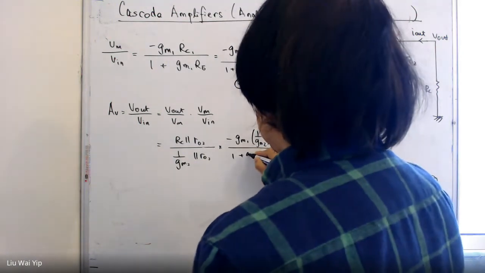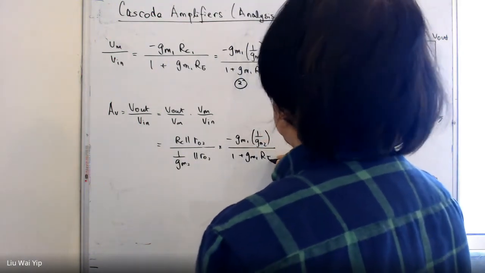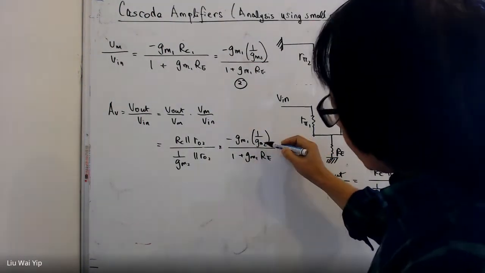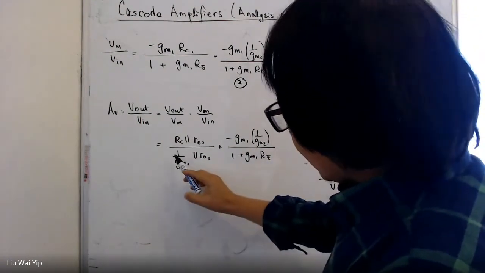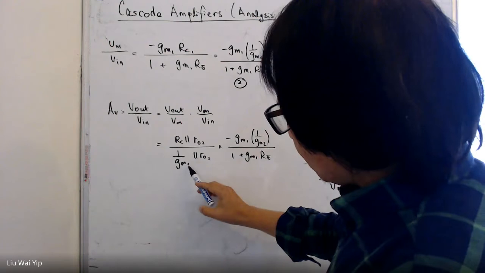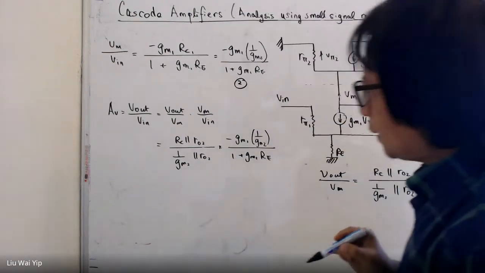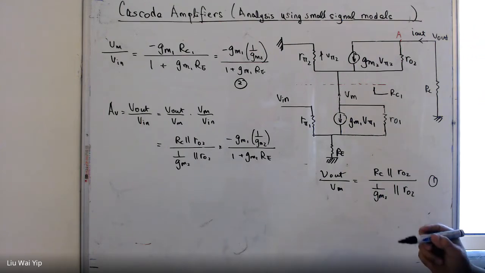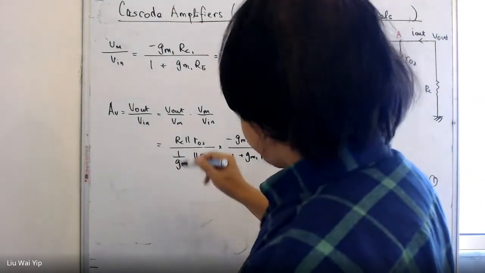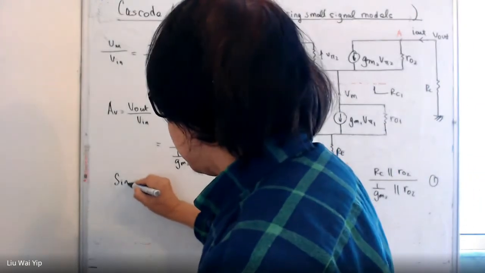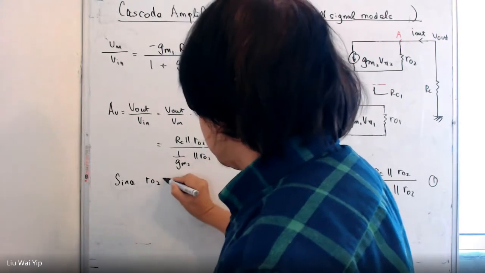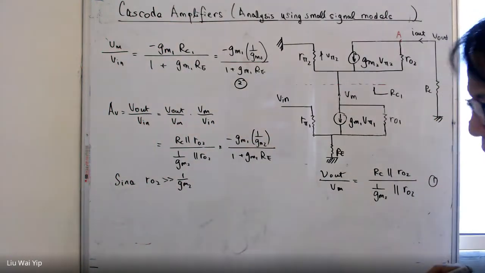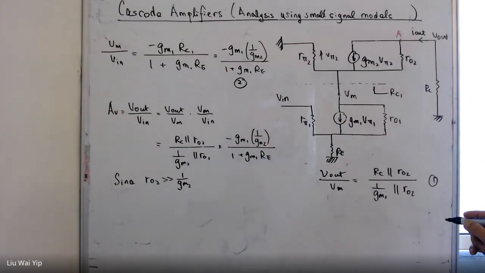Now we have to debate at this point. We have 1 over Gm2 here, and on the other hand, we have an expression 1 over Gm2 in parallel with RO2. And the good thing here is since RO2 is normally greater than this guy, normally, there could be an exception.